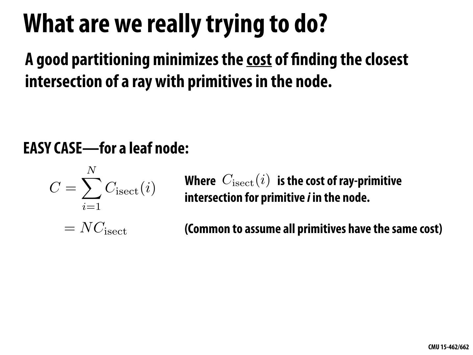What are we really trying to do? We can think about this as an optimization or minimization problem, right? A good partitioning minimizes the cost of finding the closest intersection of a ray with primitives in the node. Okay? So, we could say that we want to consider all these 2 to the n over 2 possibilities, and for each one of those possibilities, evaluate some cost function and find the absolutely best bounding volume hierarchy.